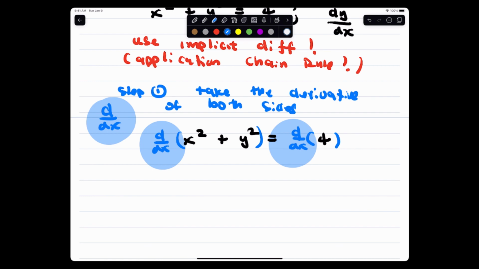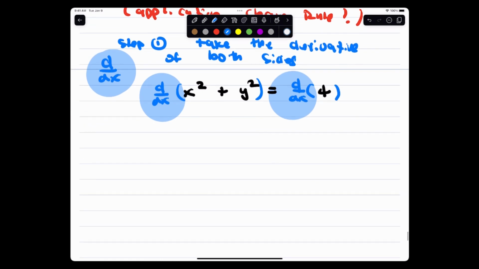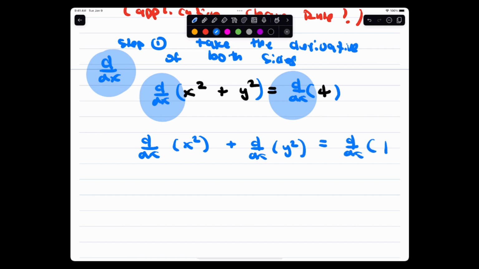So now, ladies and gentlemen, you say, well, what does that mean? Well, what's the derivative of a sum? That's right. So we're going to differentiate the x squared plus differentiate this y squared, and that's going to be the derivative of a constant. Now, pay attention to this detail here.